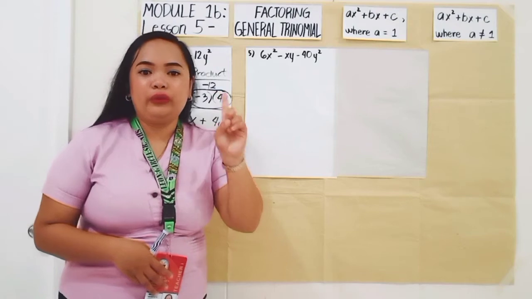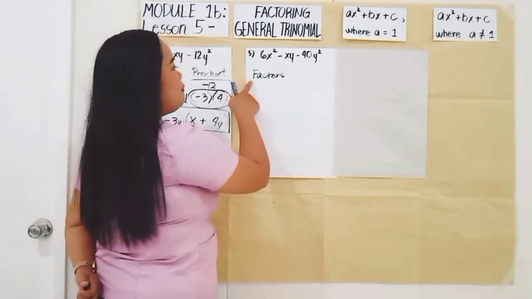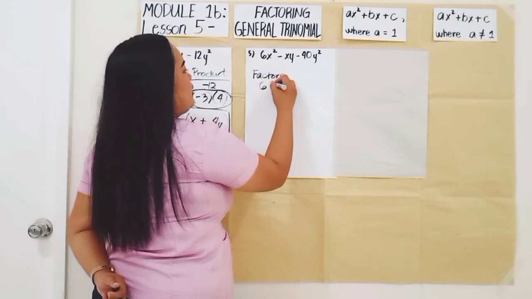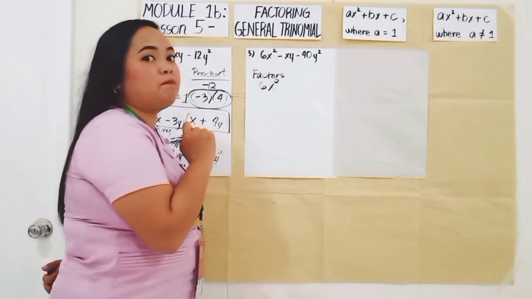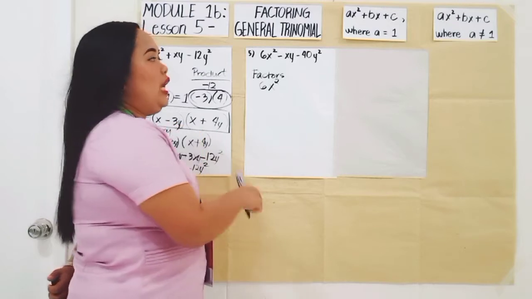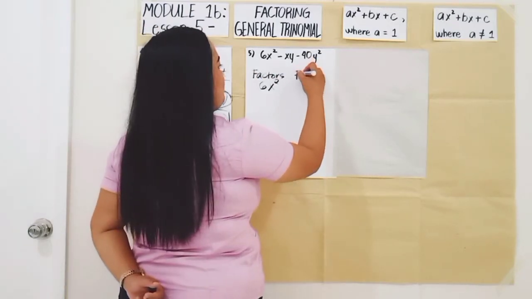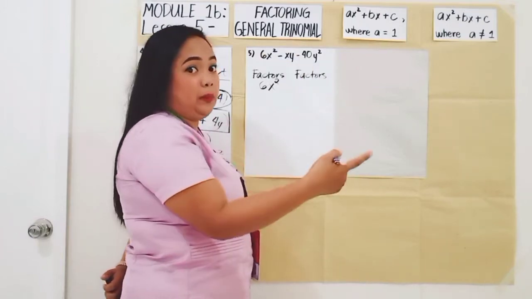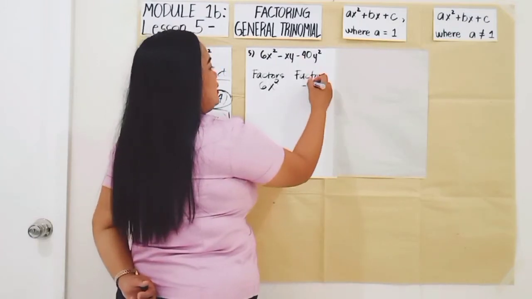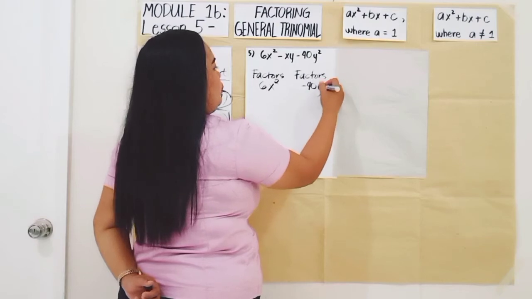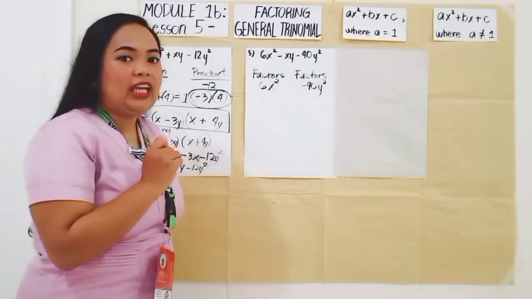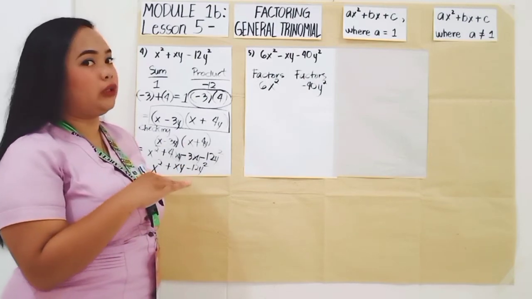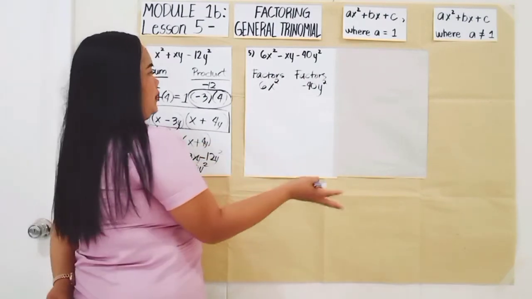So what are we going to do first? You find factors of 6x squared, which is our first term, and you also find factors of our last term, which is -40y squared. Okay? So what are the possible factors of 6x squared?